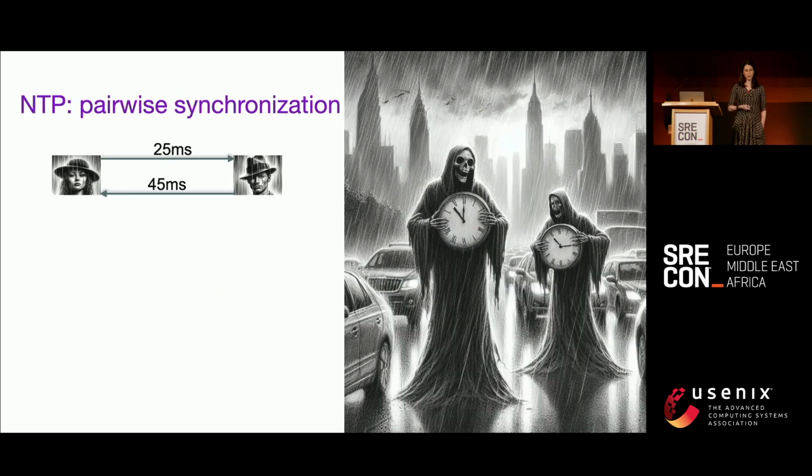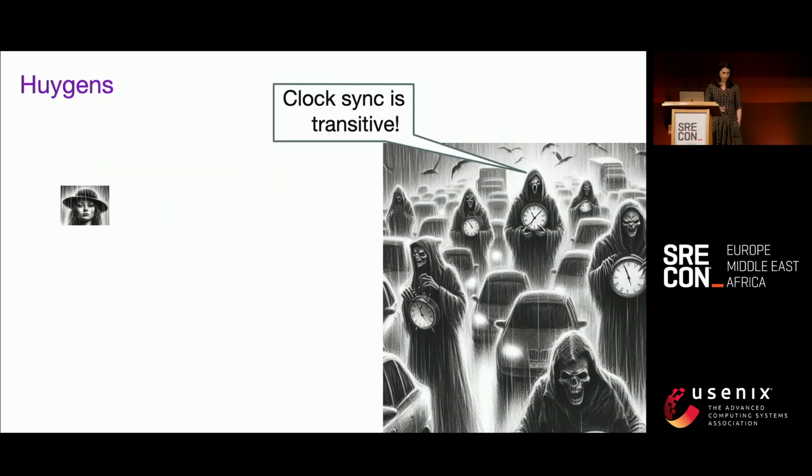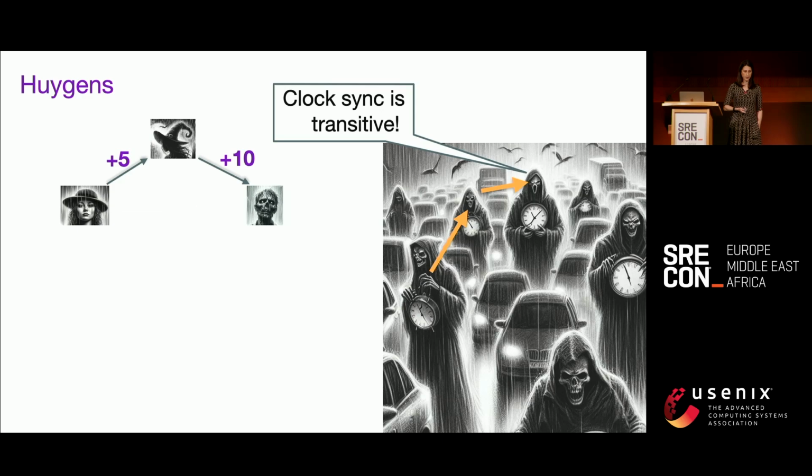Now in NTP, you are doing pairwise synchronization. That's prone to errors due to path asymmetry. Huygens leverages the idea that clock synchronization is transitive. So if you go around the subloops in the graph and you add up the offset around this loop, then if all clocks are synchronized, it should add up to 0.